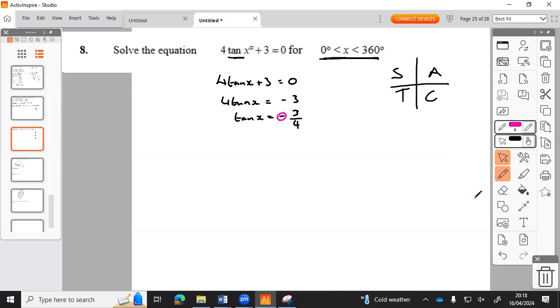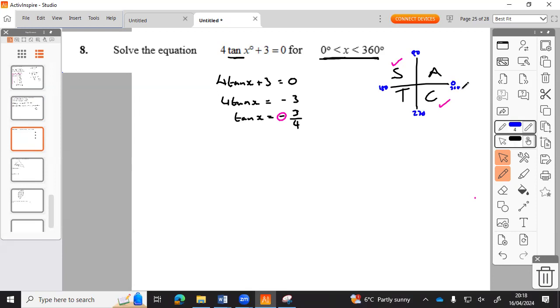What that tells us is where the answers are going to be, what quadrants. So the tan graph is negative between 90 and 180 and between 270 and 360. Remember 0, 90, 180, 270, and then all the way to 360. That just tells us where the answer is going to be.